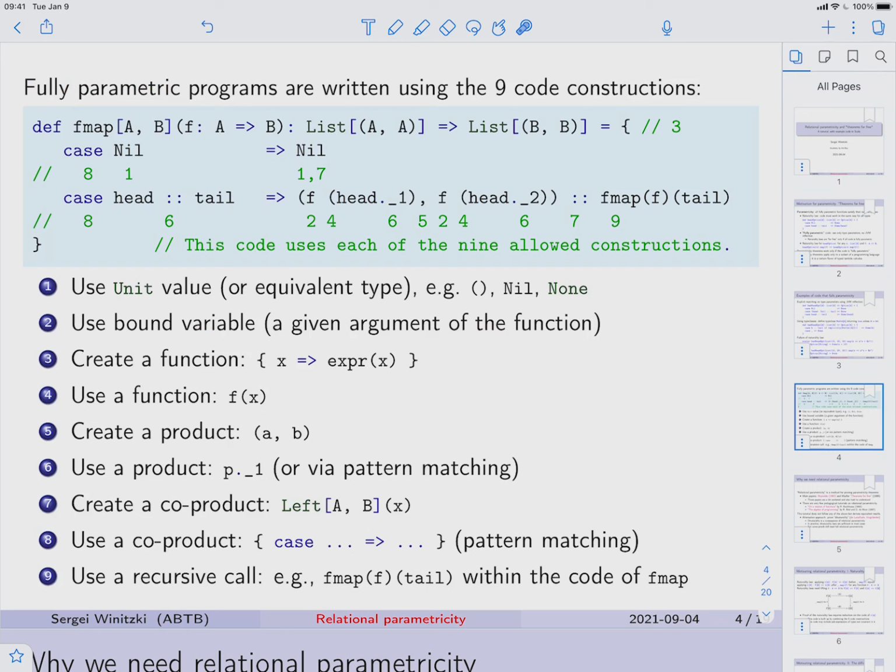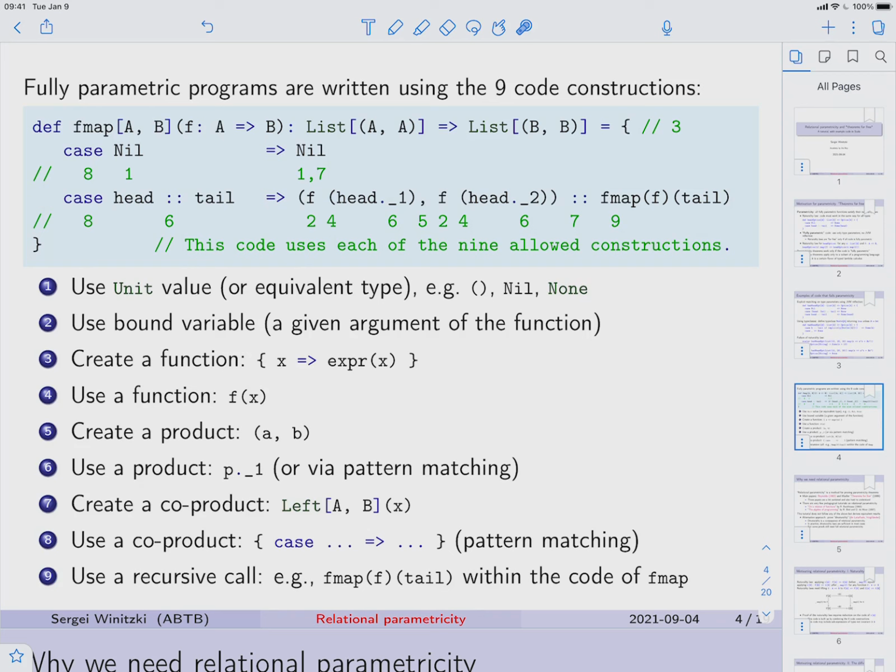You're allowed to use arguments of a function. You can create a new function, writing code like this. You can use a function that you already have, writing code like this. You can create a product value given some a and b. You can create a tuple, which is a product type. If you have a product type value p, you can use it to extract values out of it.